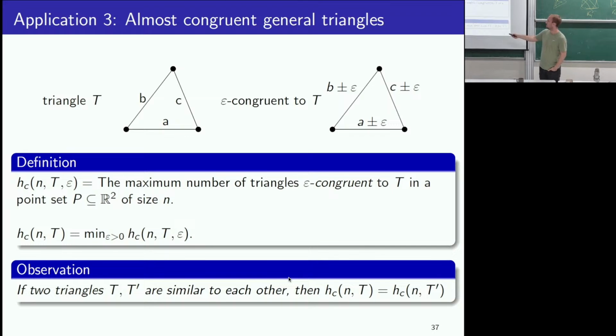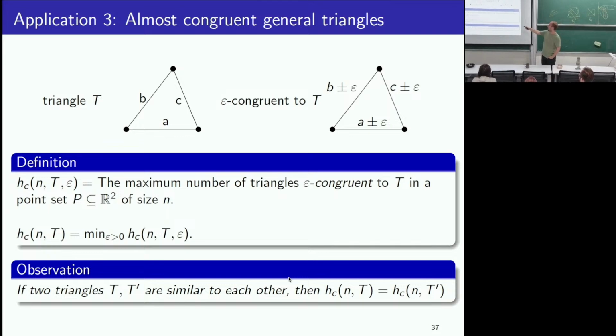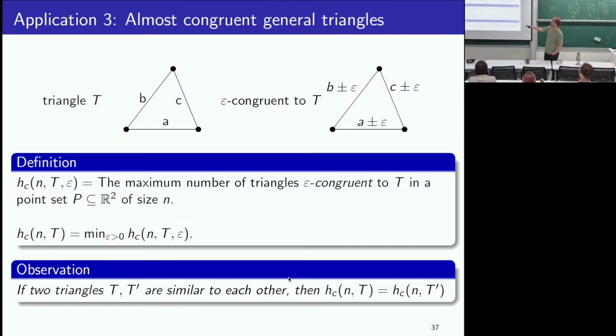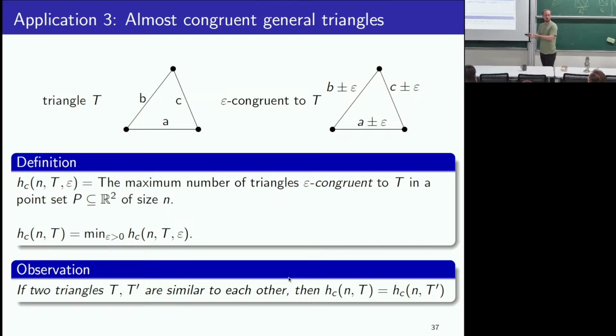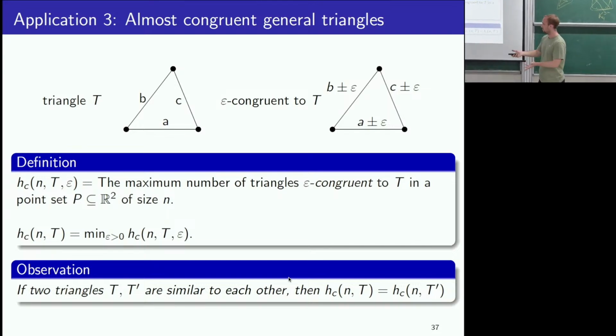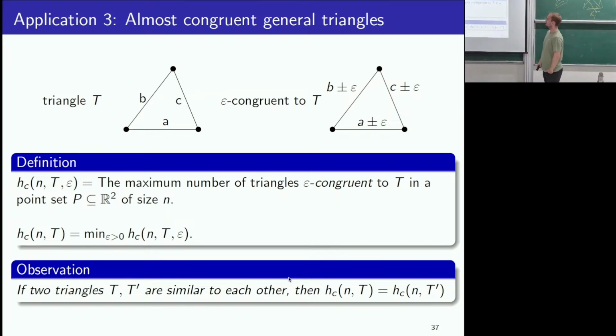I write here C for congruency, and this H function is the maximum number of triangles which are epsilon congruent to the given one in a planar point set of size n. So this function depends on 3 things: the number of points you're interested in, n, it depends on the triangle you care about, and it depends on the epsilon looseness. And the same way as before, we want to figure out what happens if we take the minimum over all positive epsilons. And what I want to ask is, determine this quantity for such an arbitrary triangle.